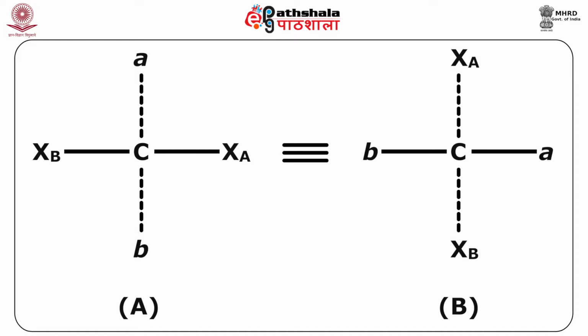It is assumed that ligand A has a higher priority than ligand B as determined by the sequence rule, while ligand X may have priority lower, higher or in between with respect to A and B. Let us assume that X has the lowest priority. In order to assign a descriptor to any of the paired ligands, say XA, it is arbitrarily given a higher priority than XB, without disturbing the priorities of A and B, which are the unpaired ligands.